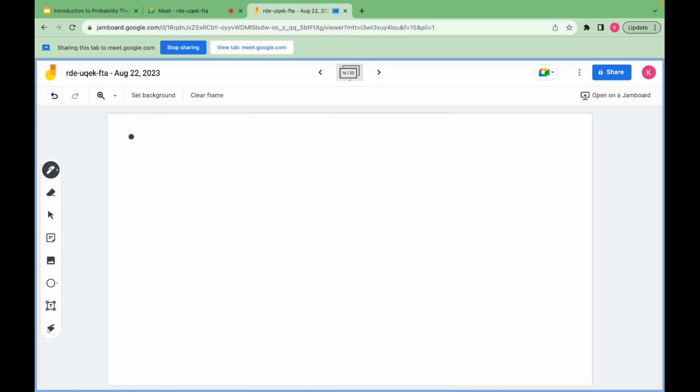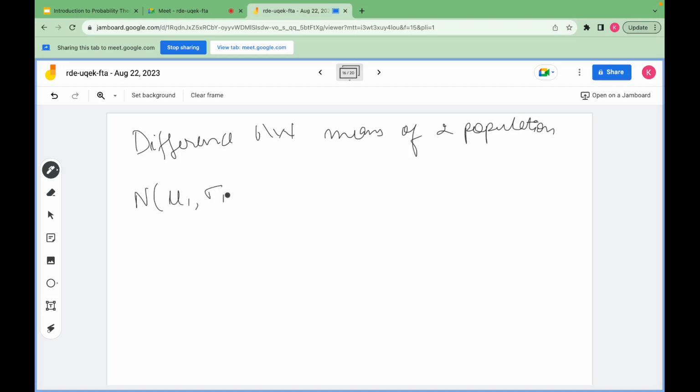Now another thing is finding the difference between the means of two populations. Suppose we have two populations with sizes n1 and n2, having means mu1, mu2 and variances sigma 1 square, sigma 2 square.